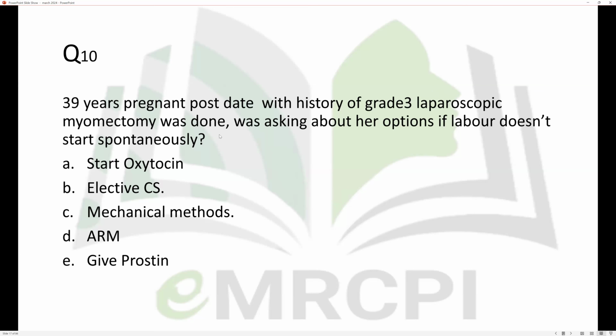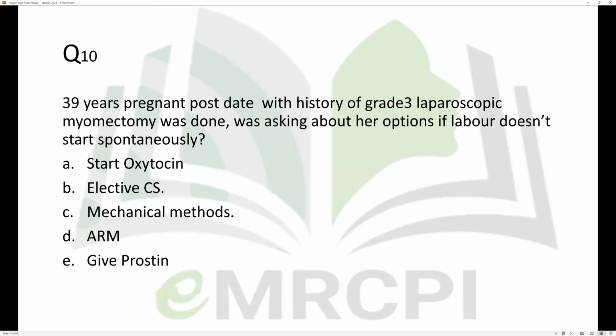So what will we do for our patient here? She has had previous uterine surgery, which means I will treat it like a VBAC case. If the patient does not have a spontaneous onset of labor, what is her option? Can I do induction, or is there no need?